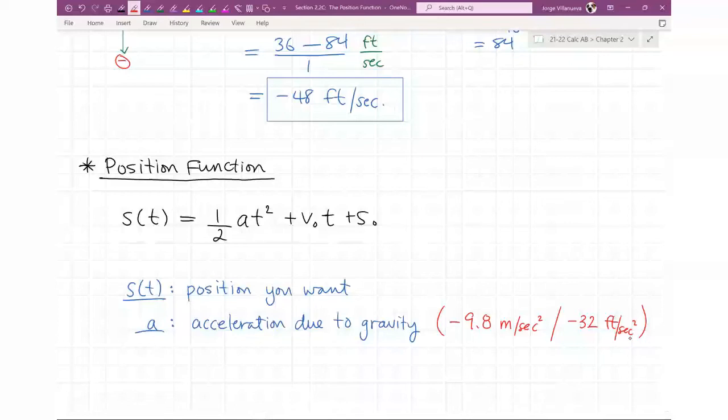If they don't mention the units, you get to choose, in which case I really recommend the feet per second, because notice the formula says a times half a. It's a lot easier to divide 32 by 2 than 9.8 by 2. I know it's 4.9, but still. Stay away from decimals if you can avoid it. So you pick whatever you want.